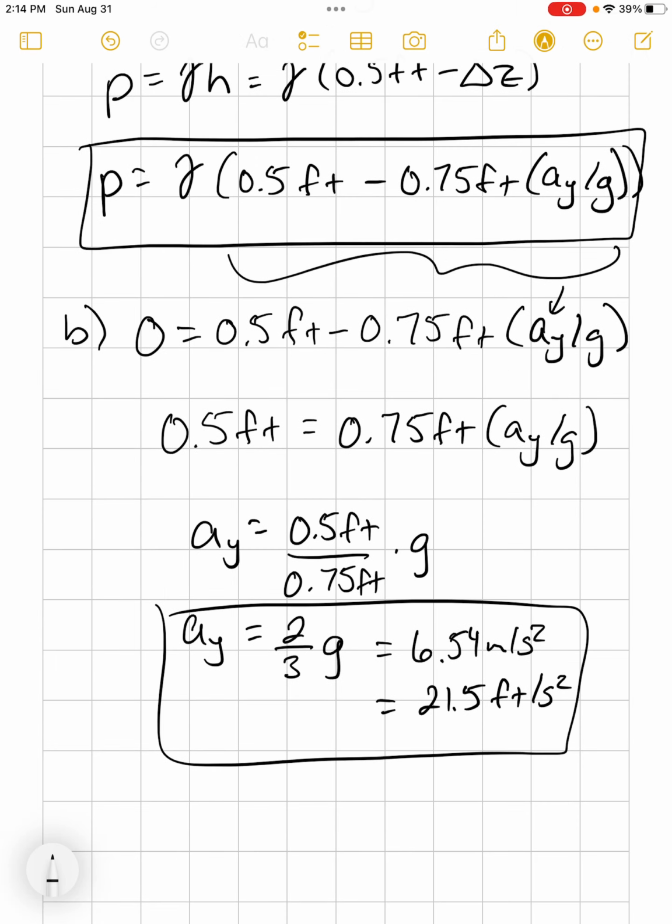Now, the other thing to keep in mind is that when we're doing problems like this, if we were to build an actual car with a pressure sensor in it, that pressure sensor is reading a current or something like that, or a voltage difference, and we can measure that. And at the same time, we should have a computer in the car so that we know how fast it's going.